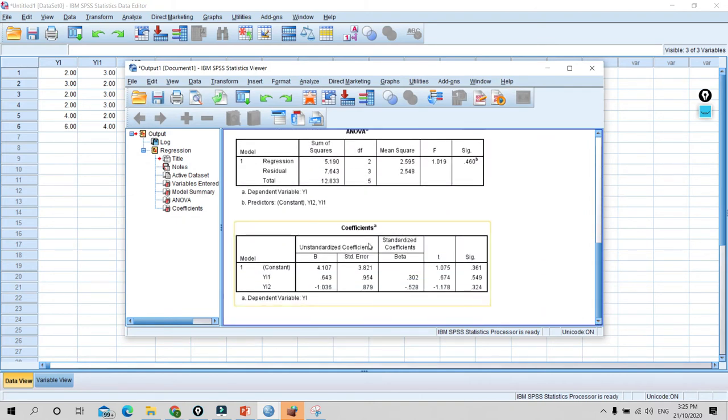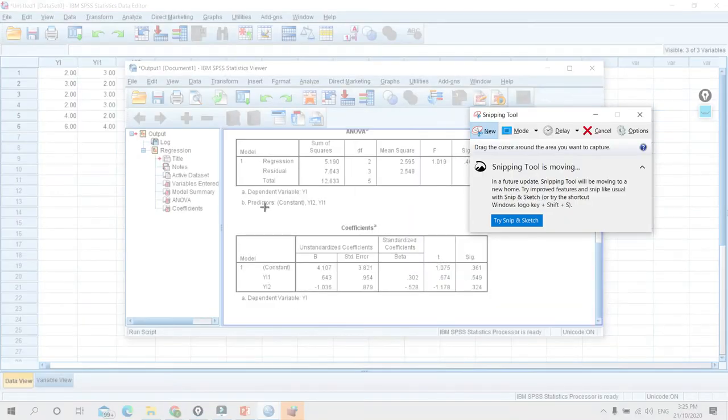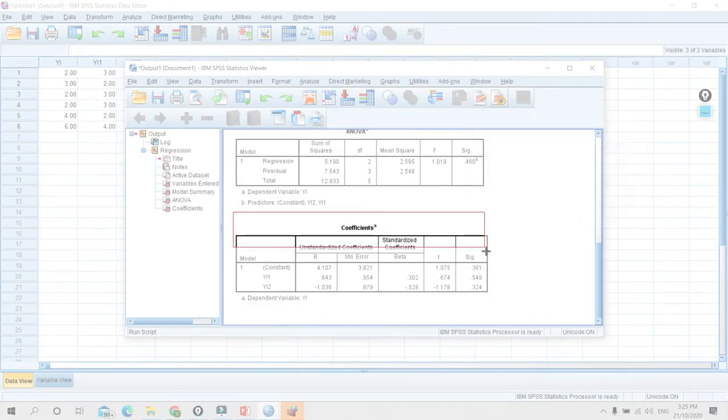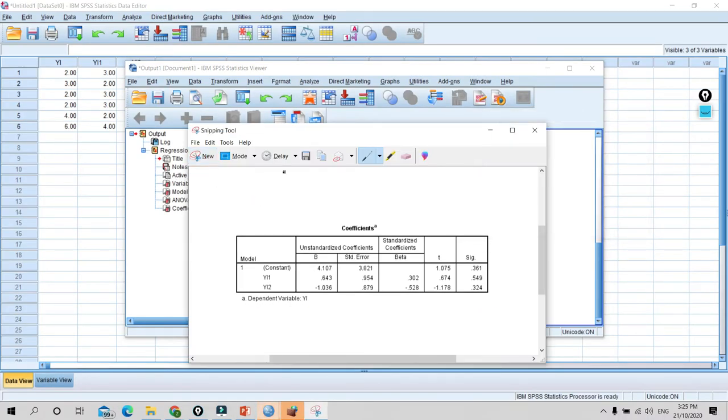So the result here, I just pick this part.